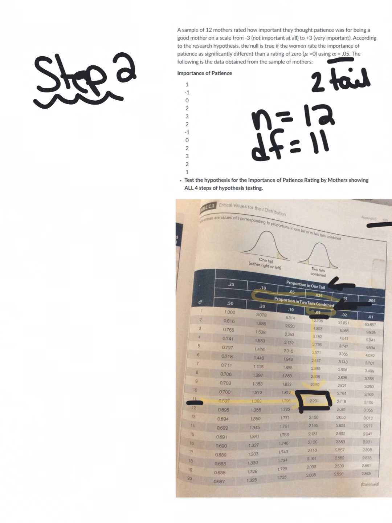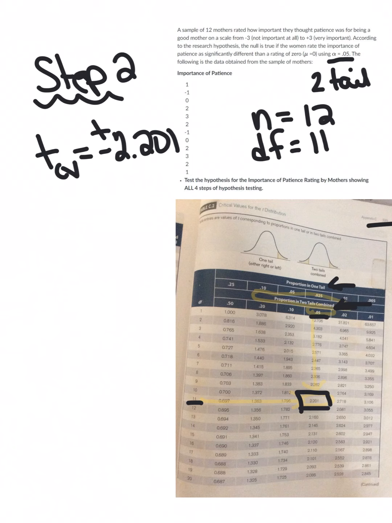So our step 2 is just report t critical value equals positive and negative 2.201. So that's all you need for step 2. If you don't write the positive and negative, as long as you write on there 2-tail and you give me the 2.201, I'm okay with that. Either way, it is just fine. So now we can move to step 3.